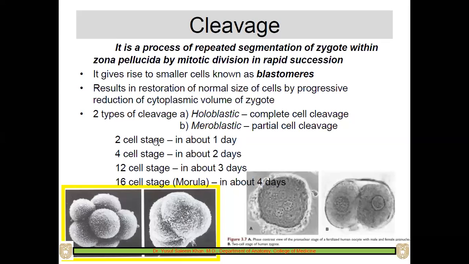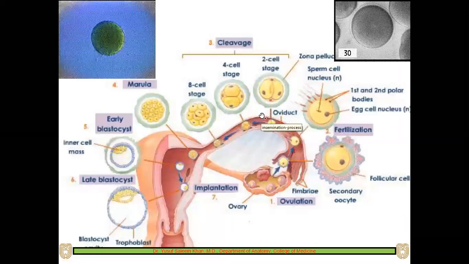By the second day, the two cell stage becomes the four cell stage. Then by the third day it becomes the 12 cell stage, and by the fourth day it becomes almost the 16 cell stage, which is called the morula. We'll see that. So this is how it divides: in the first day two cells, by the second day 4 cells, by 3 days 12 cells, and by the fourth day it becomes the 16 cell stage.